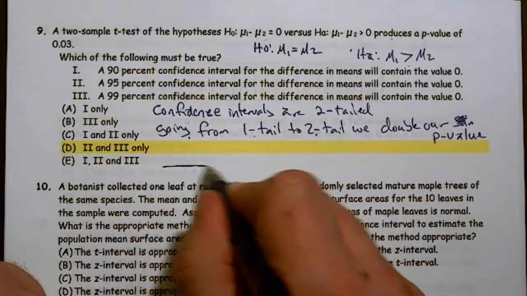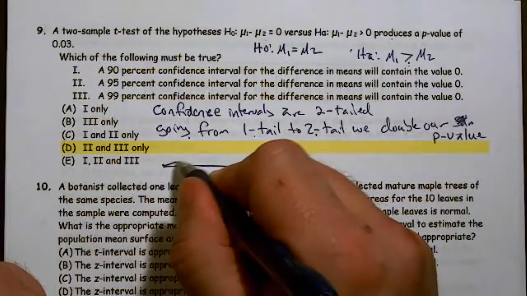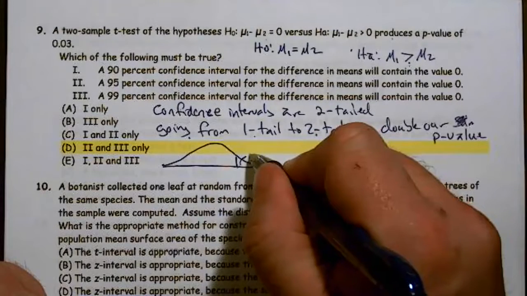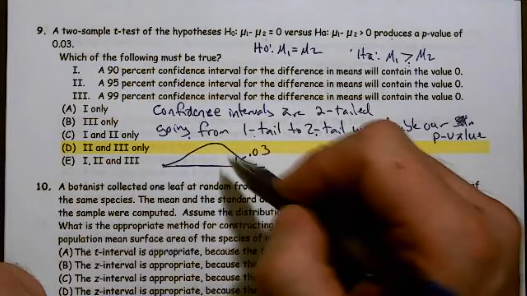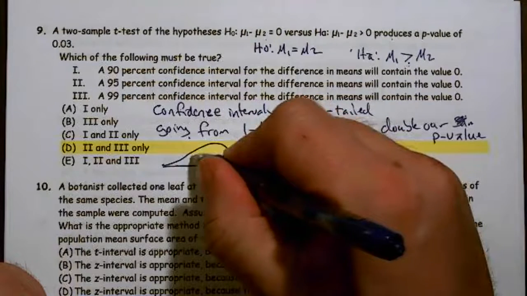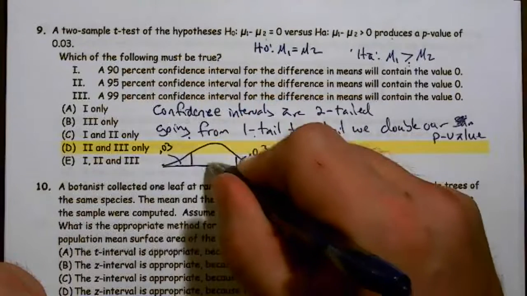So in this case, they had an upper tail test, and with that upper tail test, they had 0.03. But because we went to a two-tail test, we also have a 0.03 down here because all confidence intervals are two tails.